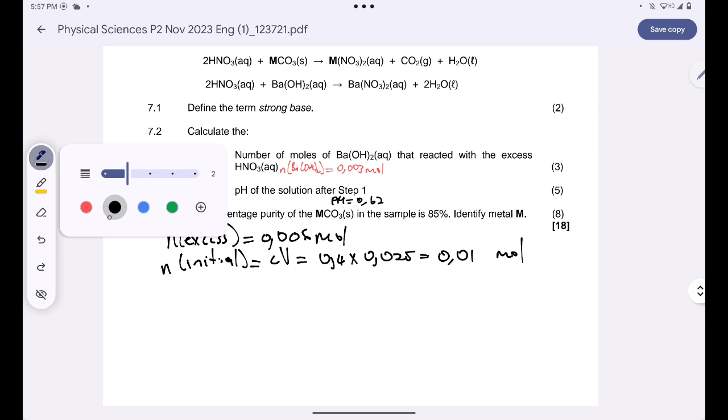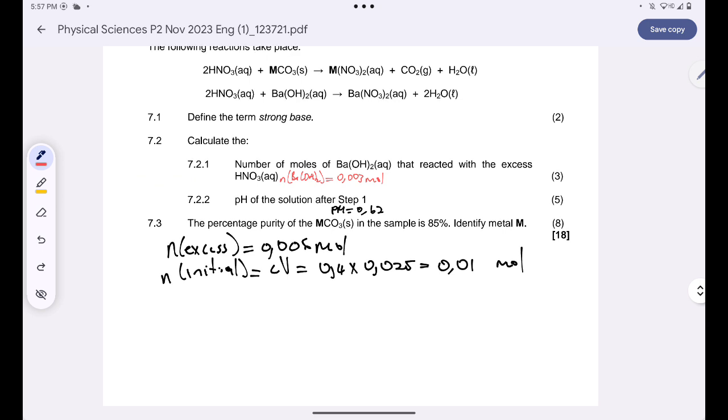So therefore I want to find out the actual number of moles which reacted with the metal carbonate. So the number of moles which were used, or reacted, is equal to the number of moles initial minus the number of moles in excess.